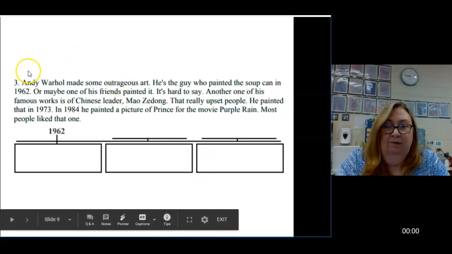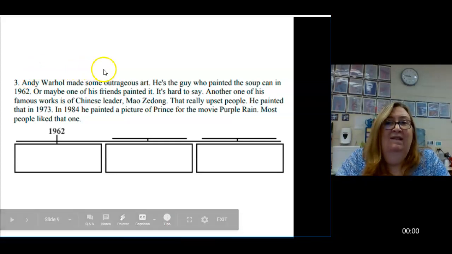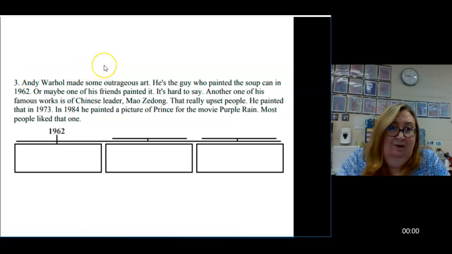Here's one more artist we're going to read about. Andy Warhol made some outrageous art. He's the guy who painted the soup can in 1962. Or maybe one of his friends painted it. It's hard to say. Another one of his famous works is of Chinese leader Mao Zedong. This really upset people. He painted that in 1973. In 1984, he painted a picture of Prince for the movie Purple Rain. Most people liked that one.